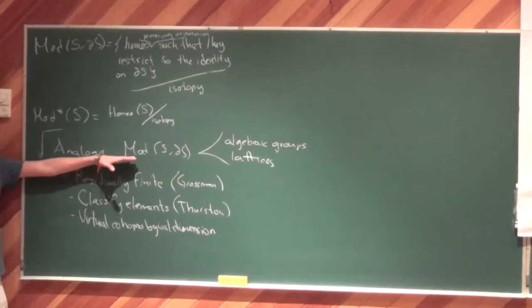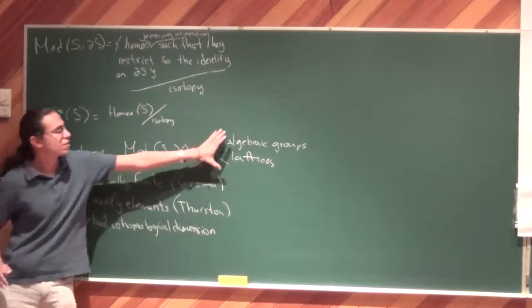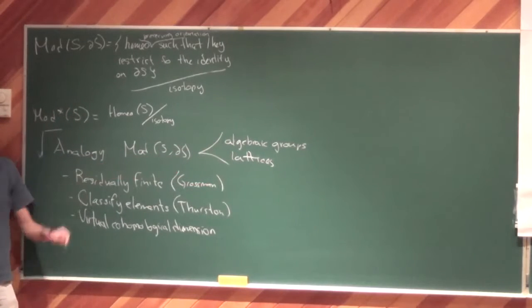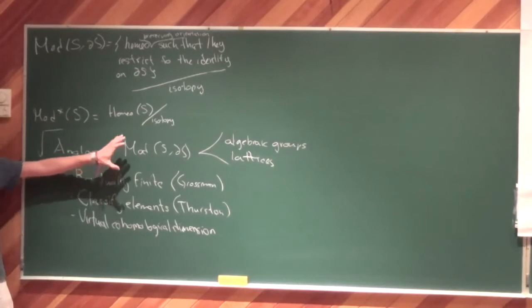Of course, not everything can be done the same way. Otherwise, it would not be interesting. There are some things that just don't fit with this. For example, the mapping class group has infinite normal subgroups of infinite index. Okay? But we are going to focus on things that are similar.